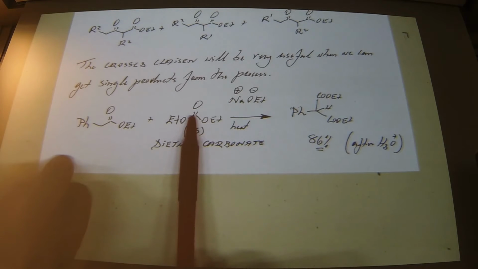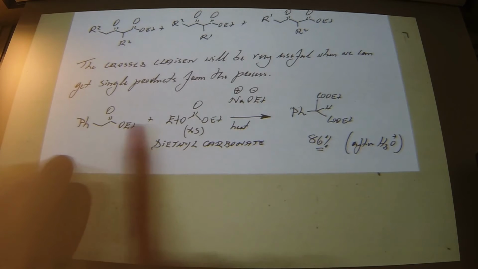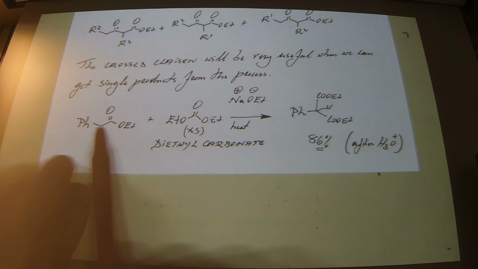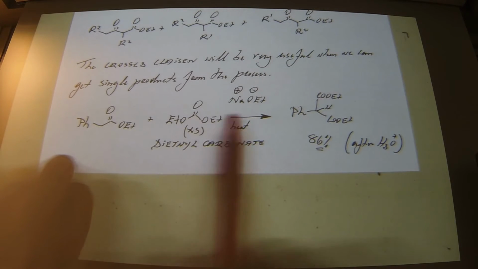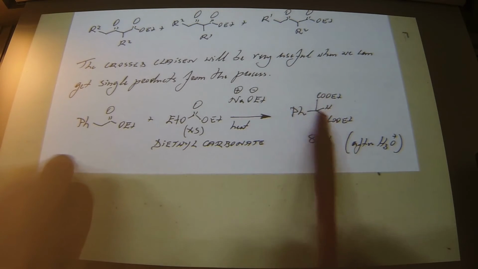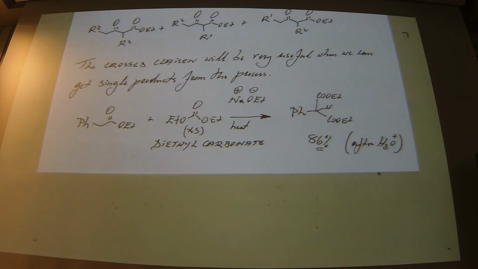Because it can't enolize, this can only act as the electrophile. And so if I use an excess of diethyl carbonate and this particularly enolizable ester, then this nucleophile can react with that electrophile to give this phenylmalonic ester. And notice the yield is really very, very good.